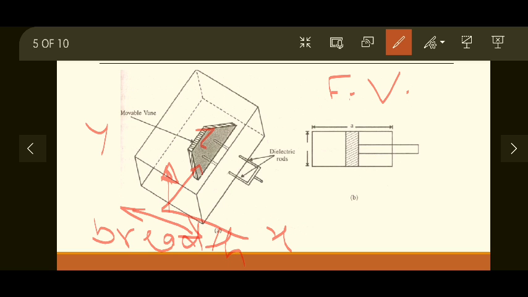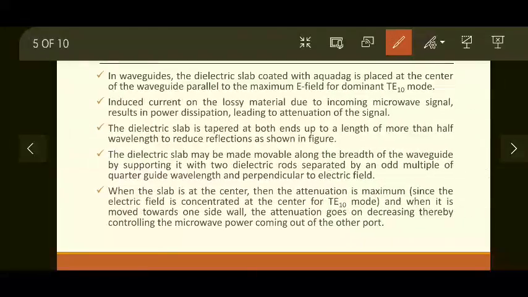Now the dielectric slab is placed inside the waveguide parallel to the electric field of the TE10 mode, as you can see, and it can be made movable by connecting two rods. Here two dielectric rods are shown which are separated by a quarter guide wavelength.